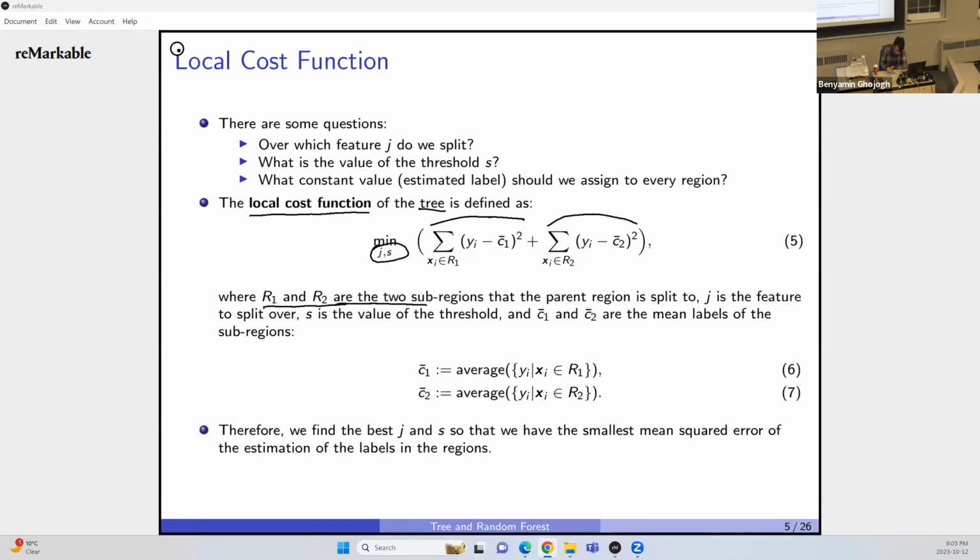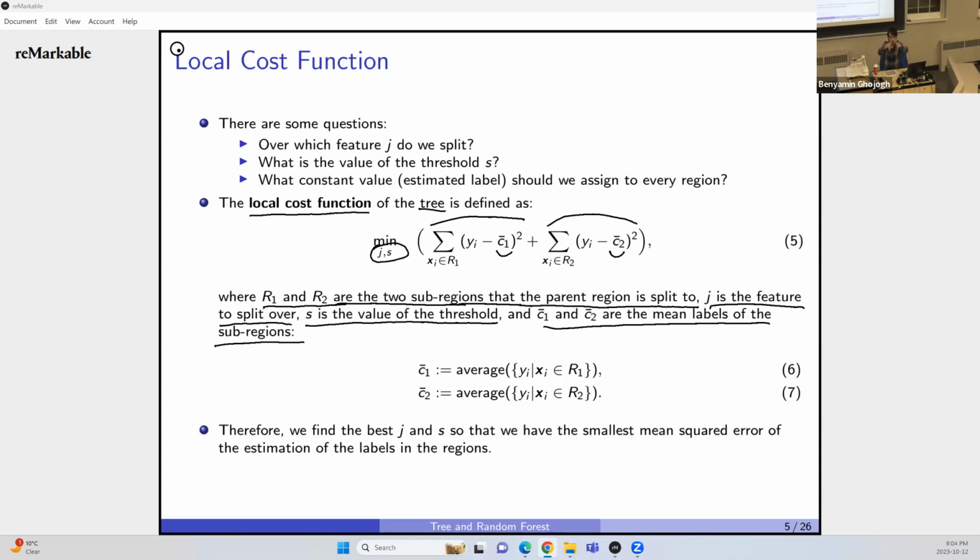R1 and R2 are the 2 subregions that the parent region is split into. J is the feature to split over, one of the optimization variables. S is the value of the threshold, the other optimization variable. What are c1 bar and c2 bar? They are the mean labels of the subregions, because I have some training data points, each of which is in some region of the space, right?